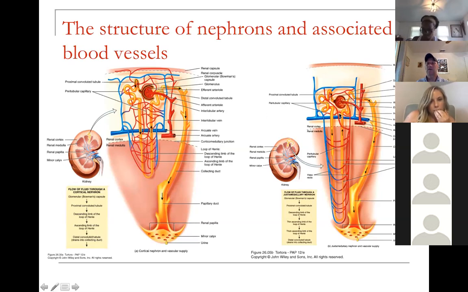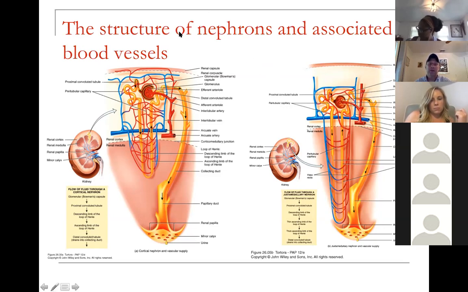The remaining smaller number, but maybe more important, are the juxtamedullary nephrons. We use the juxtamedullary nephrons when we are dehydrated or when you have too much water inside your body. The moment-to-moment maintenance of what is going on inside of your body is regulated through the cortical nephrons.